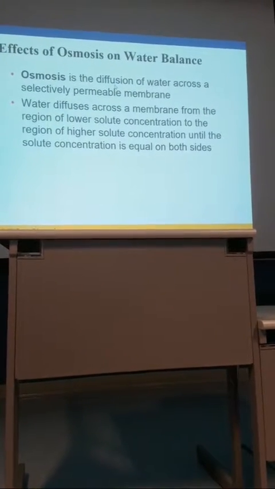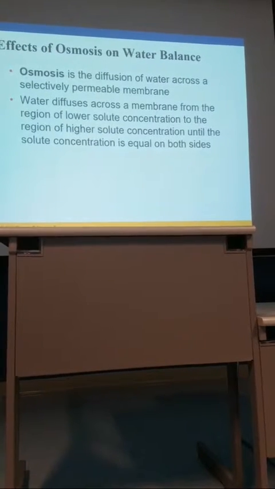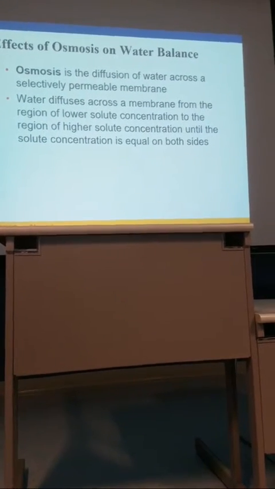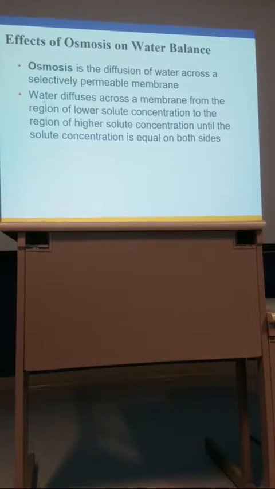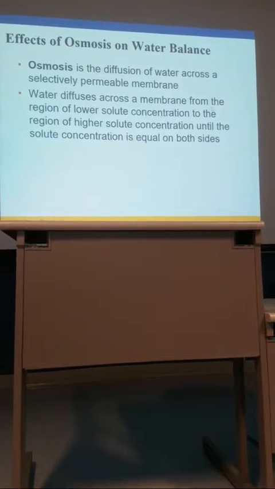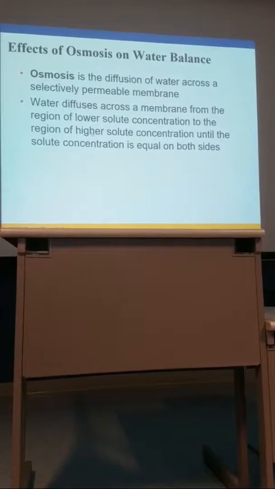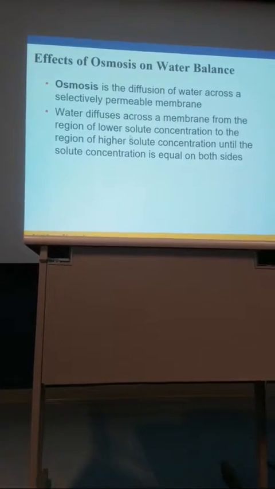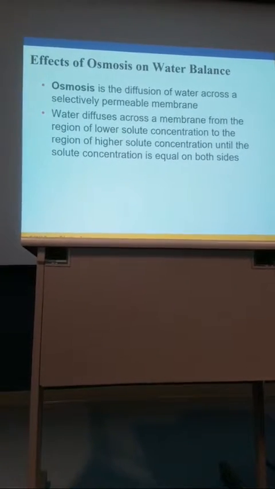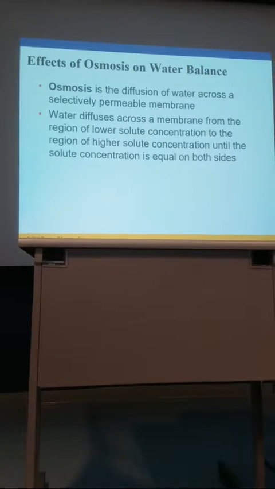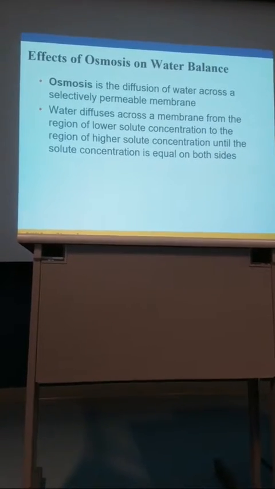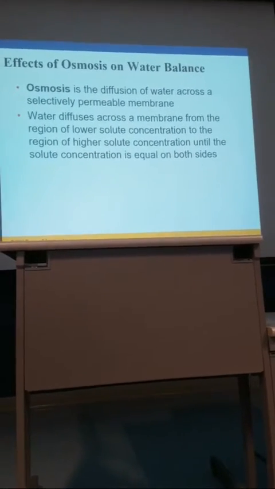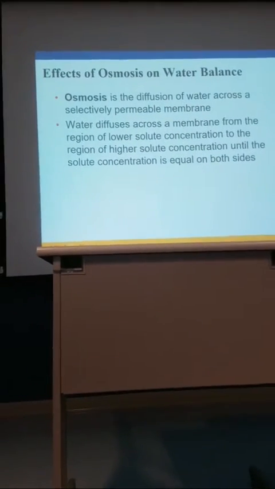It is just natural characteristic of water to want to even out, so it will go across the membrane. But notice here, water diffuses across the membrane from the region of the lower solute concentration to the region of higher solute concentration in an effort to dilute it so it becomes equal. So water moves from low concentration to high.